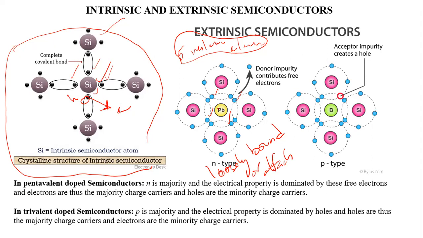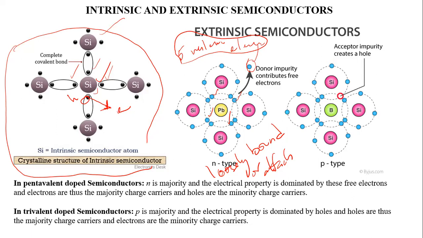If you have thermal energy above 0 Kelvin, this loosely bound electron can easily get detached from the lead atom and become a free electron. So if you insert one pentavalent atom, it will contribute one free electron.